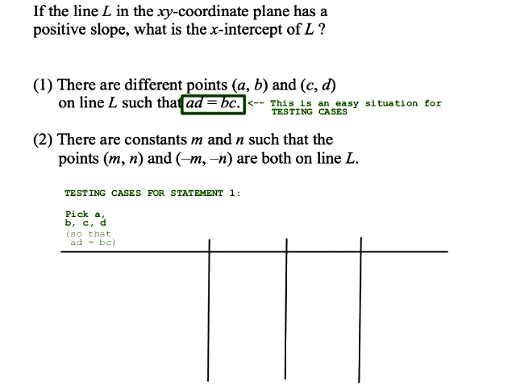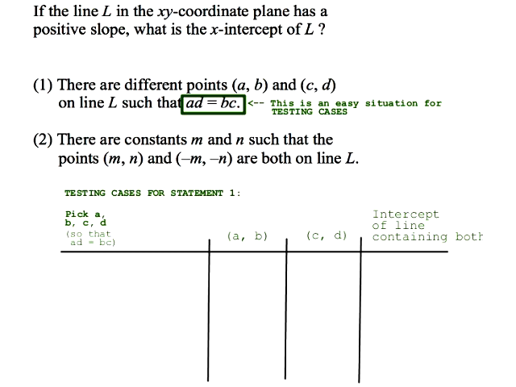Let's say, okay, A, B. Actually do this work on your paper. See what happens. And then find the intercept of the line that contains them. Try it, guys.